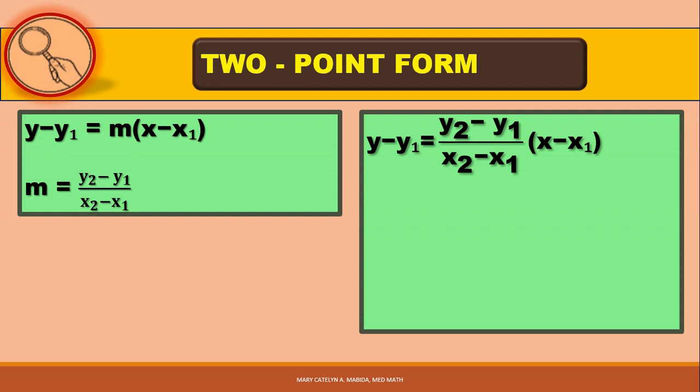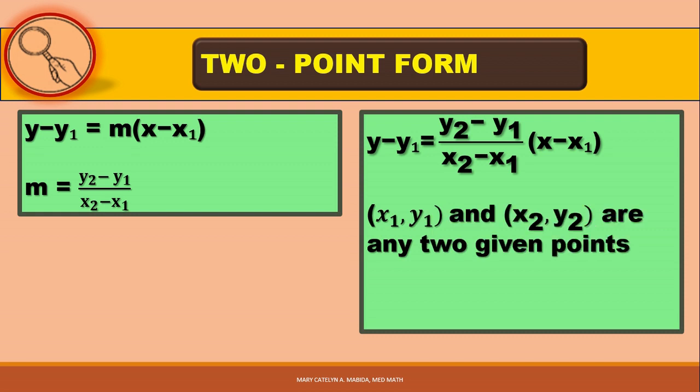The two-point form can be written as y minus y sub 1 is equal to y sub 2 minus y sub 1 over x sub 2 minus x sub 1 times the quantity of x minus x sub 1, where x sub 1, y sub 1, and x sub 2, y sub 2 are any two given points, and y sub 2 minus y sub 1 over x sub 2 minus x sub 1 is the slope or the m.